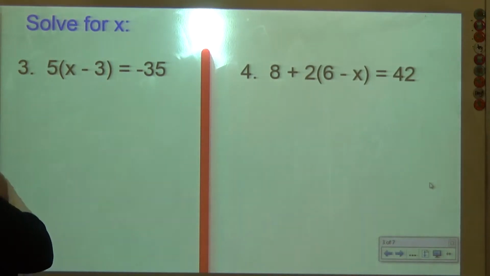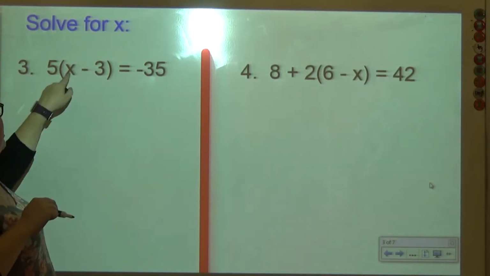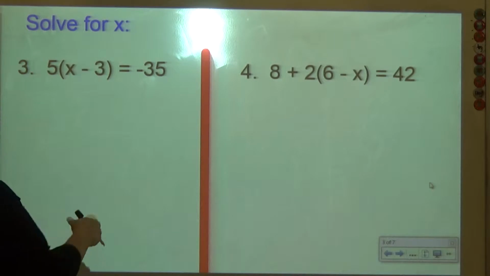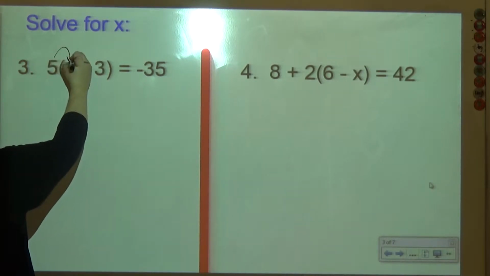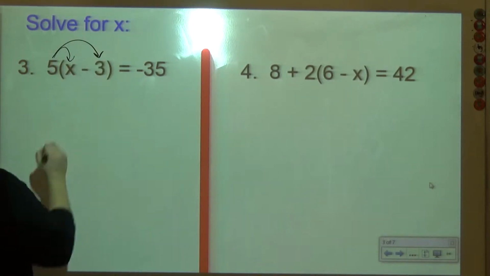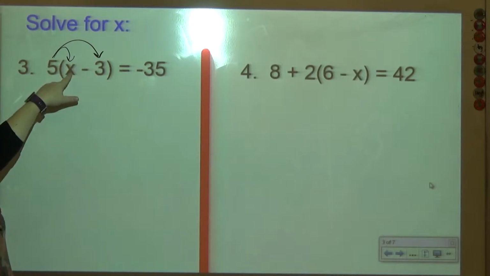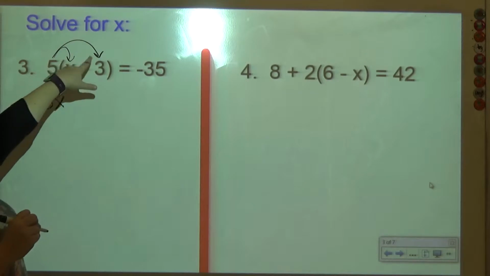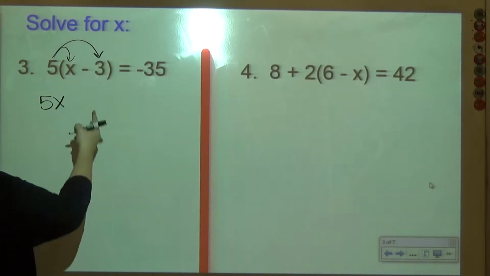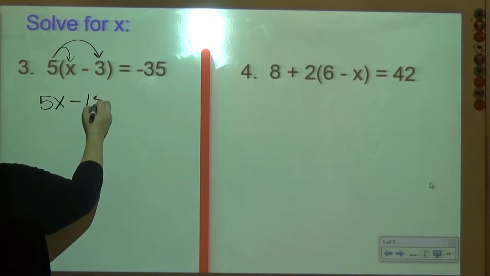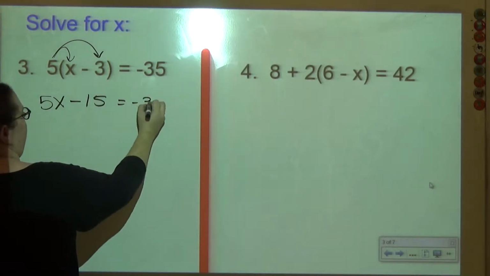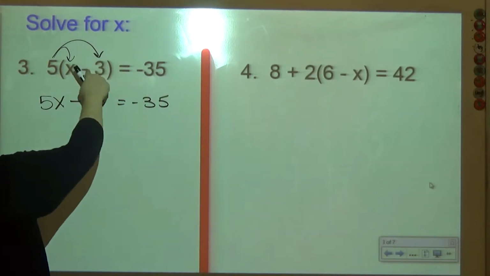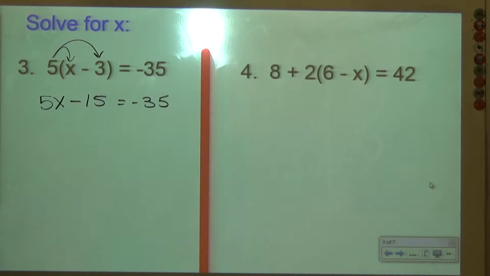So we're going to distribute the 5 to everything in the parentheses. When we distribute, we multiply. So 5 times x is 5x. 5 times 3 is 15. That 35 was not inside, so it does not get that 5.